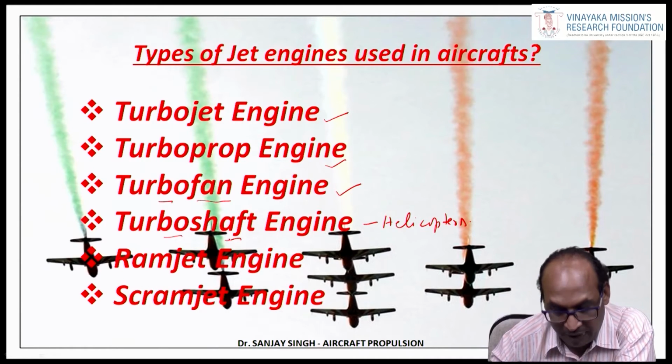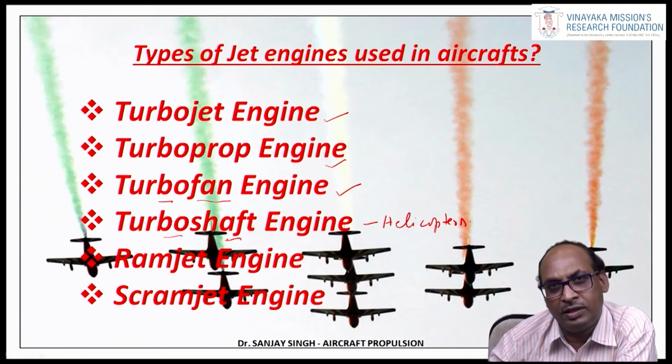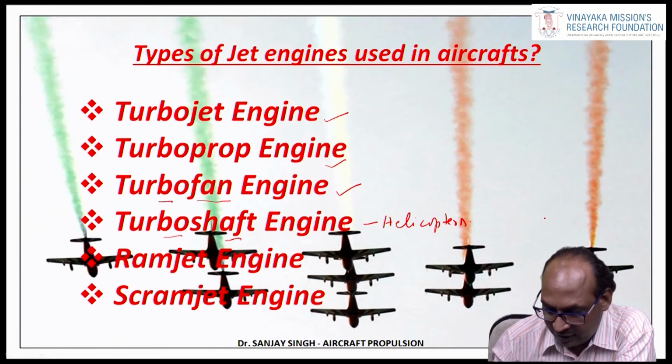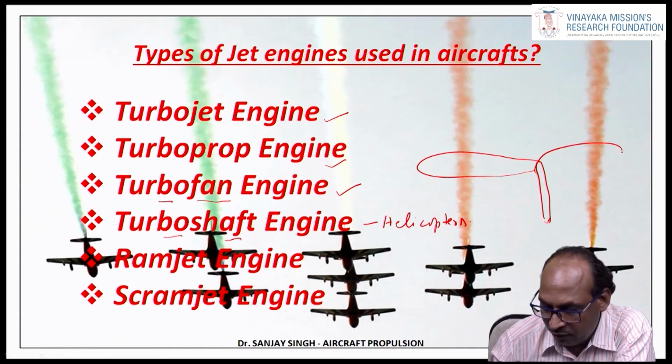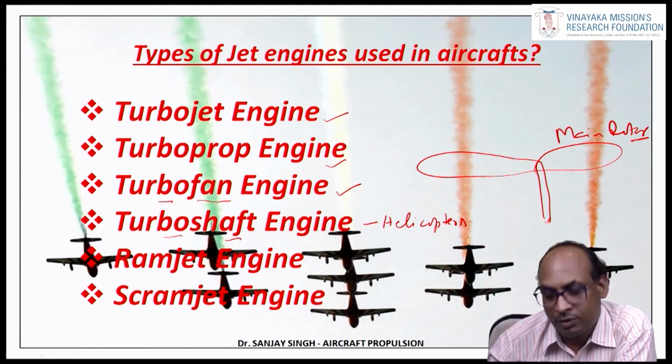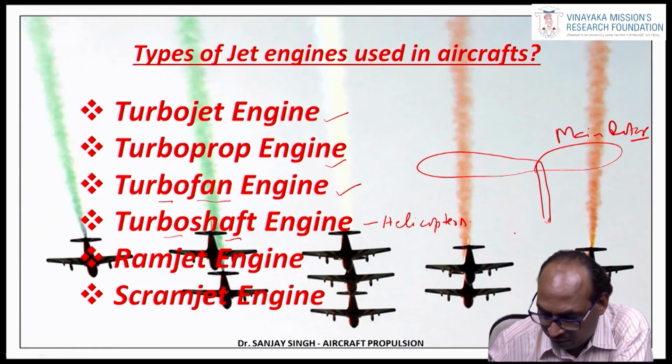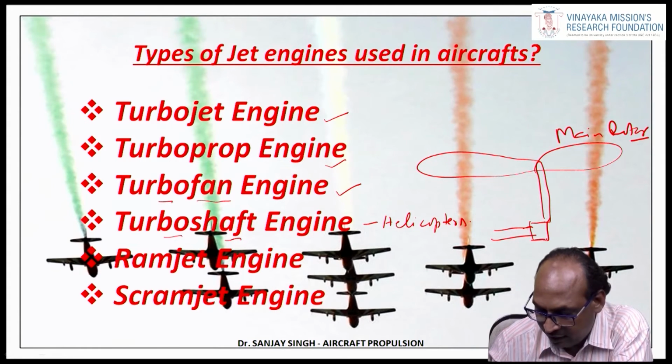There will be a separate shaft, which will be connected with the horizontal propeller, which we know is called the main rotor. Through a separate shaft there will be a gearbox.